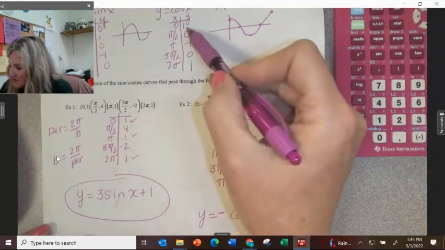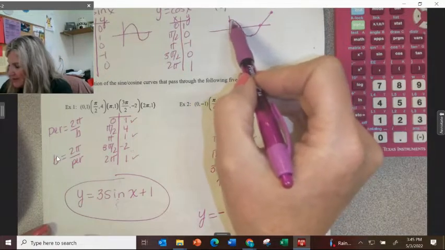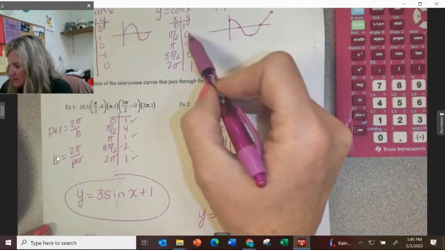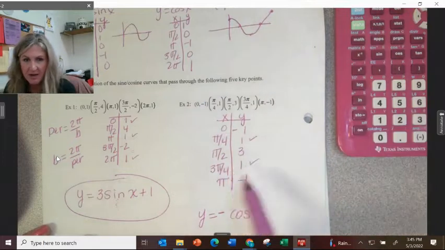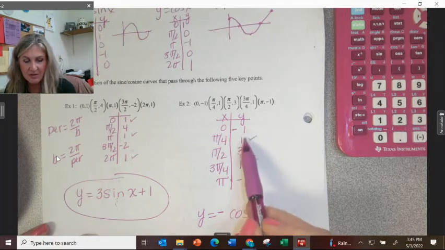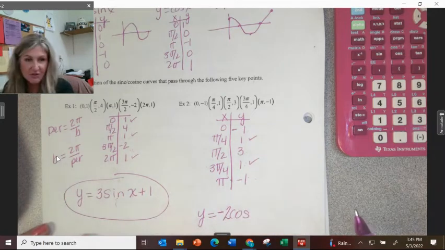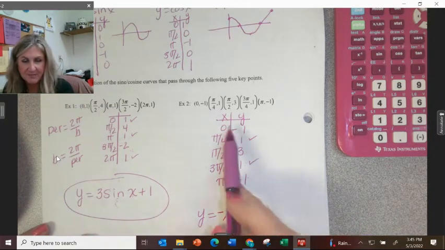Now the amplitude here, normally we go 1 to 0, and that tells me when I look at those two that the amplitude's 1. But here I'm going negative 1 to 1. So what is the difference in those two? Those two, right? So it's going to be a negative 2 cosine, isn't it?